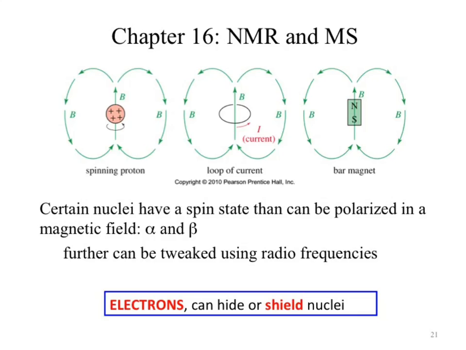If I take two magnets and put them into the exact same situation, say one of them takes 500 hertz radio frequency, what is the other one going to take? The exact same. Which means what happens in the result? They're going to be the exact same signal. So I wouldn't necessarily be able to tell them apart from each other in our spectra.